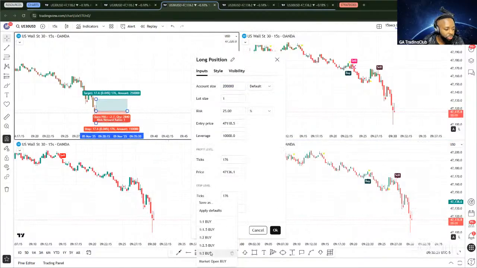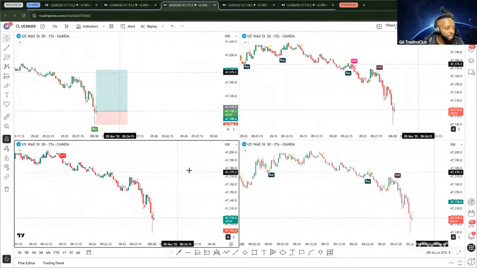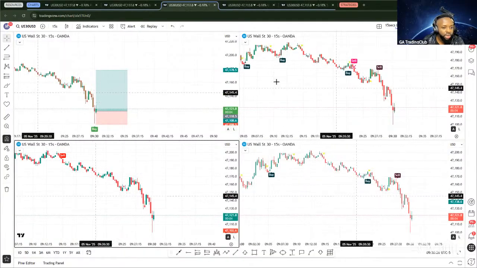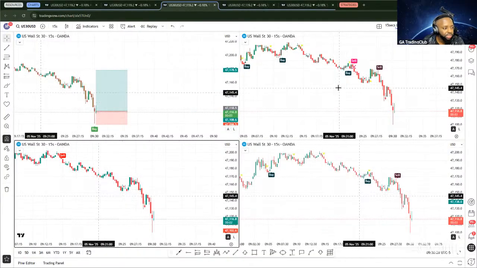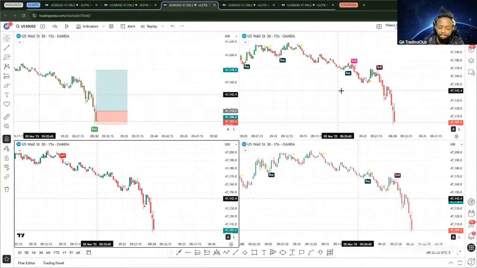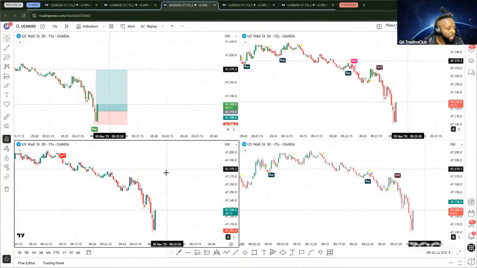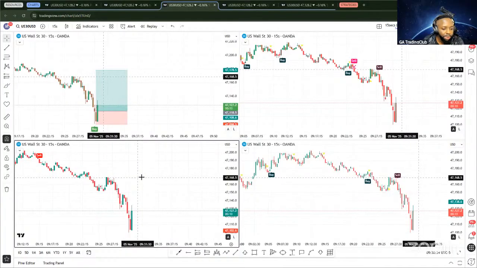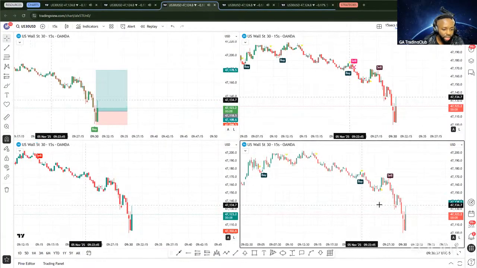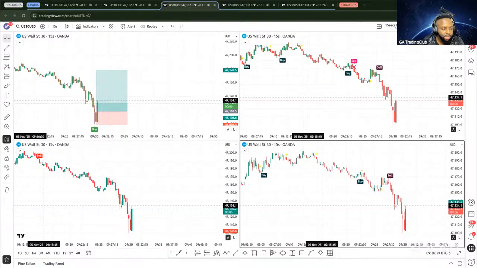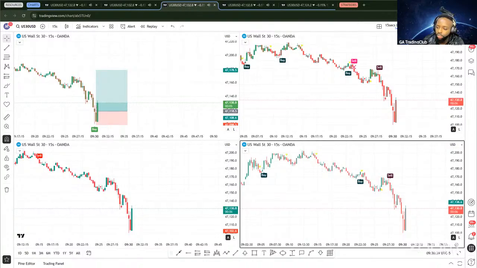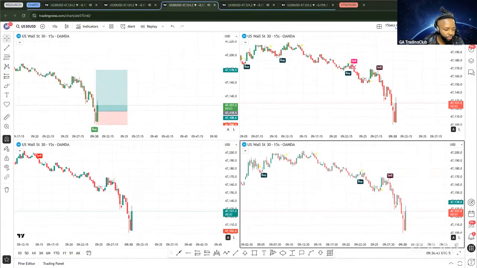This is a 1:3 risk to reward. And on my upper right here, this is the crosses entries. And the bottom here is the impulse entry.